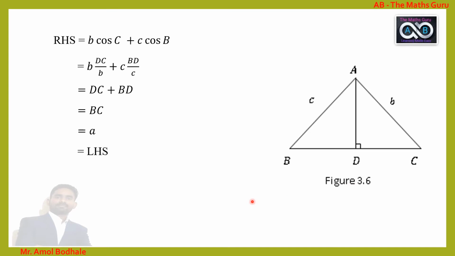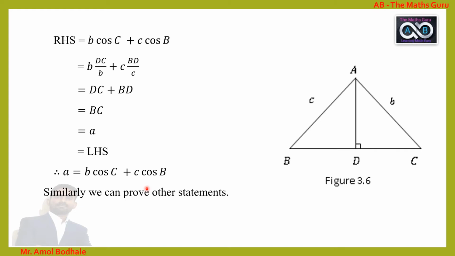So we get the RHS. Therefore we proved the first statement a is equal to b cos C plus c cos B. Similarly we can prove the other statements: b is equal to c cos A plus a cos C and c is equal to a cos B plus b cos A.